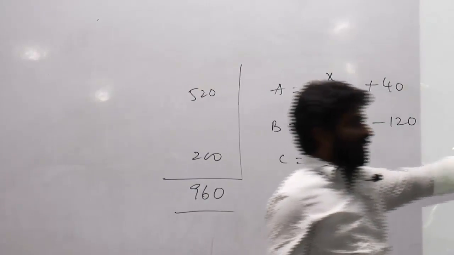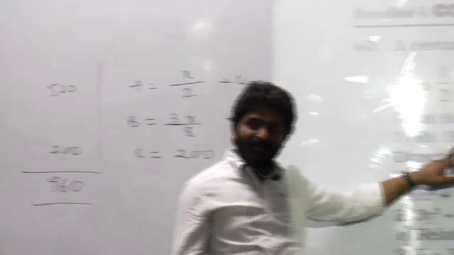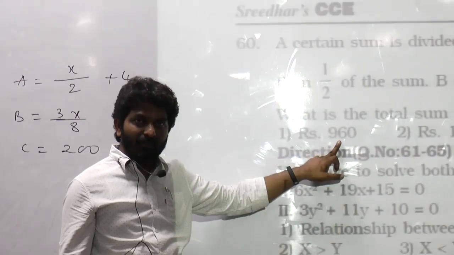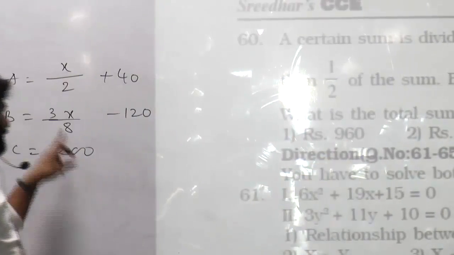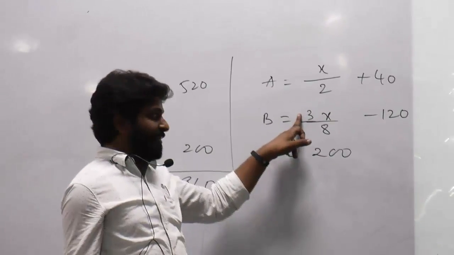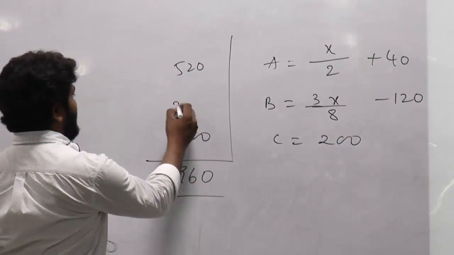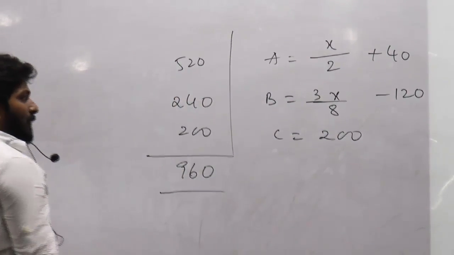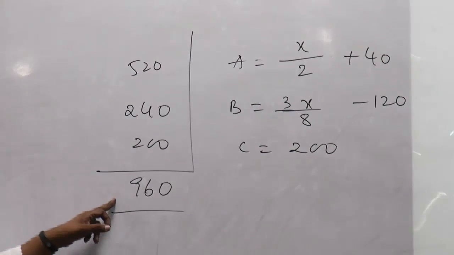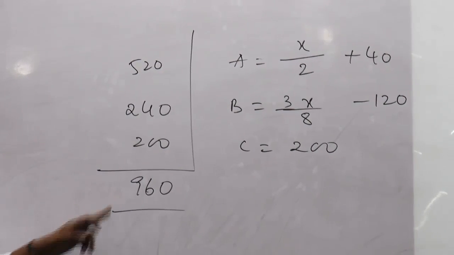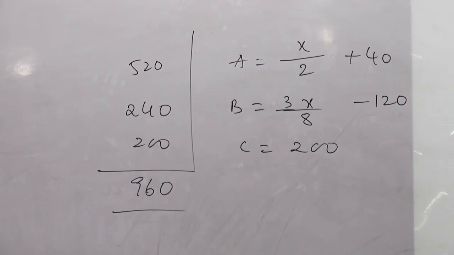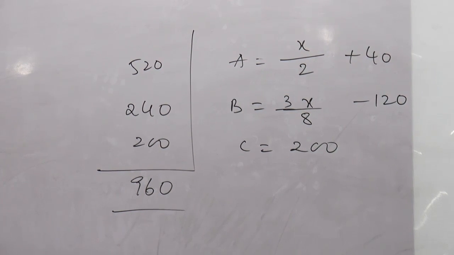X is 960. What about 1/8 of this number? 120. 120 3 times is 360. 360 minus 120 is 240. Add everything. Will that be equal to 960? Yes, sir. Is that an answer?